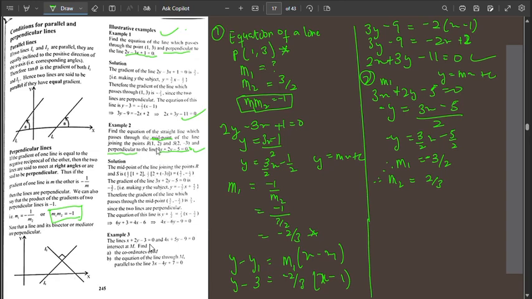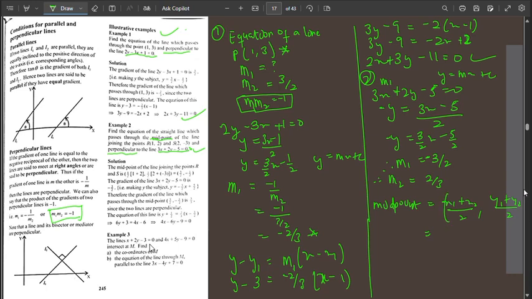So the same way, this line passes through the midpoint of the line joining this and this. We know how to find the midpoint. That means that the line is not passing through this, neither is it passing through this, but it's passing through the midpoint. So we need to find the midpoint. We know how to find the midpoint. It's given by x1 plus x2 over 2, y1 plus y2 over 2.